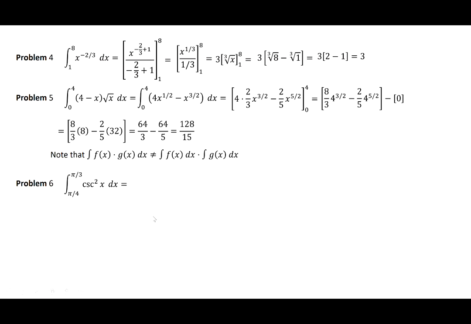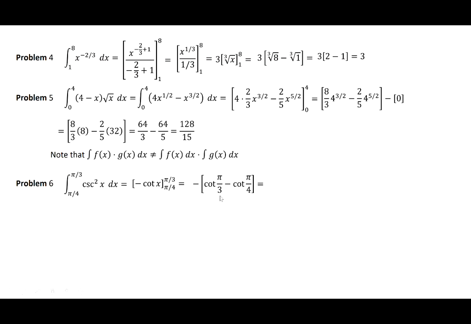So, the integral of cosecant square x is negative cotangent x, and we evaluate it from pi fourths to pi thirds. Which means we just plug pi thirds for x, and subtract from it where we plug pi fourths for x.